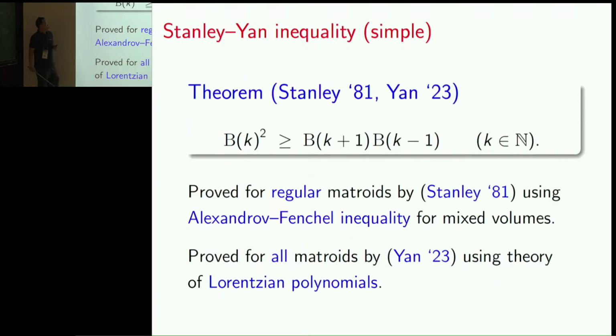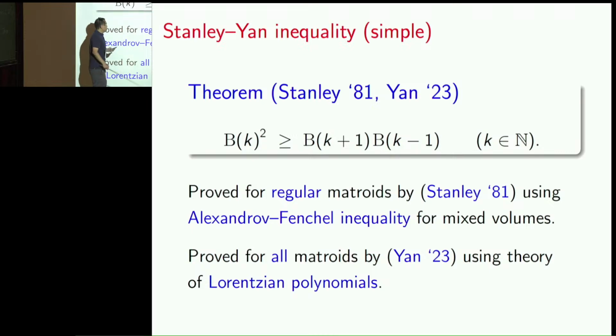And this theorem was proved in 2 different phases by 2 different people. The first phase was done by Richard Stanley in 1981, where he proved this inequality for all regular matroids. Stanley's proof was very beautiful and elegant. What he did is interpret all these numbers B_k as the mixed volume of a polytope called the zonotope.